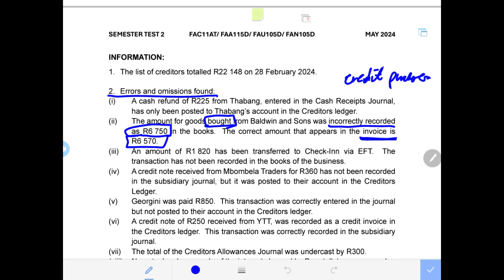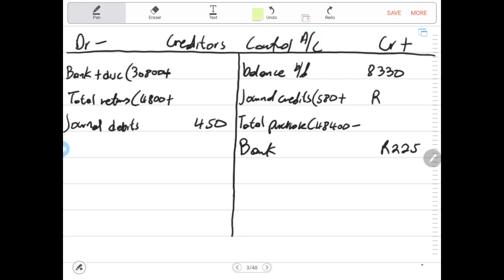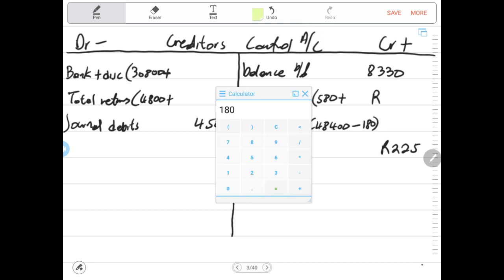The purchases of 48,800 are overstated by 180 rands, so this becomes a minus.